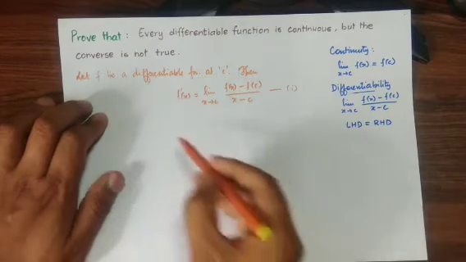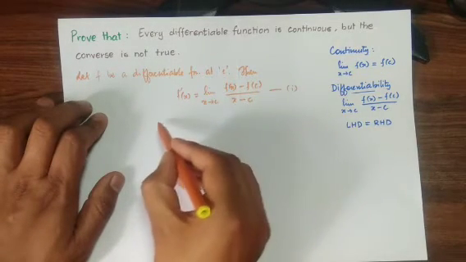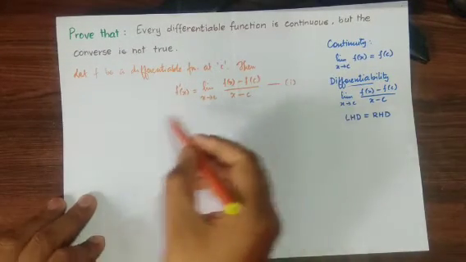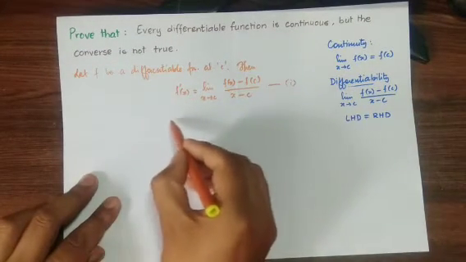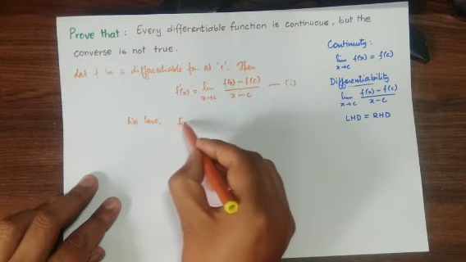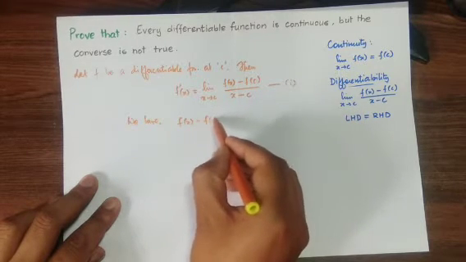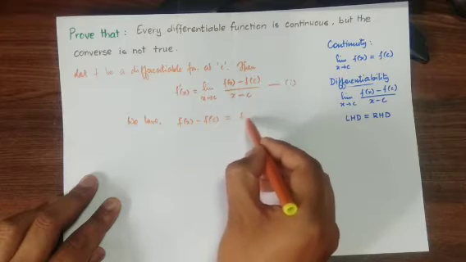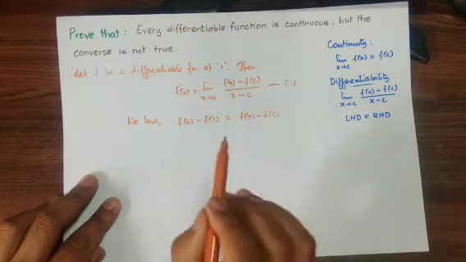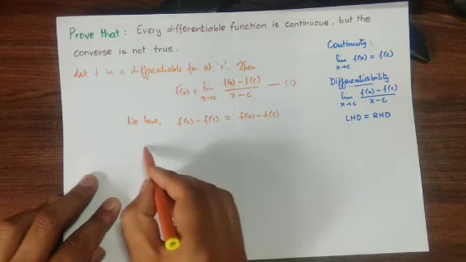Okay, now we know that we have f of x minus f of C equals f of x minus f of C, which is quite obvious. Now I'm going to do one small manipulation out here.